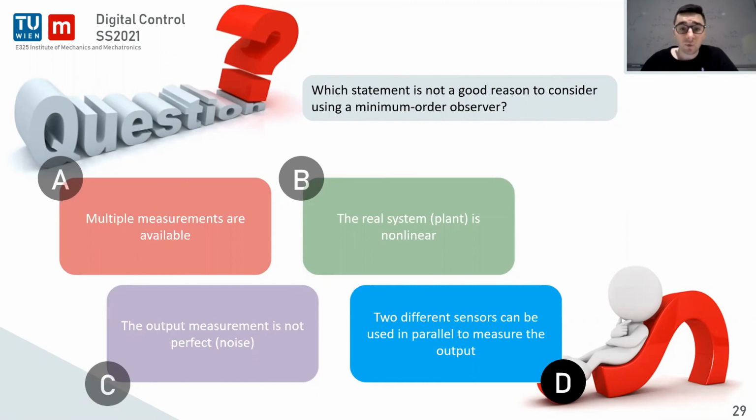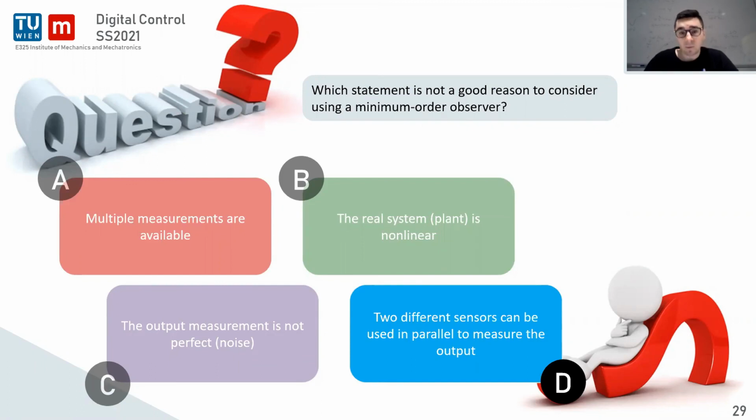So you have one sensor that is good when the output is almost constant, and one that is good during transients, and you can use both values. You will mostly use the steady-state sensor when you're in steady state, and mostly the transient sensor when you're in transient. This is still a classical observer because you have only one measurement. I guess now this is clear, because it's really important.